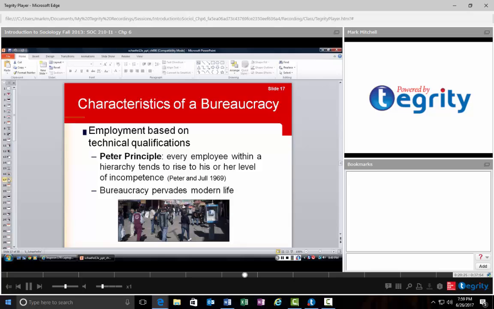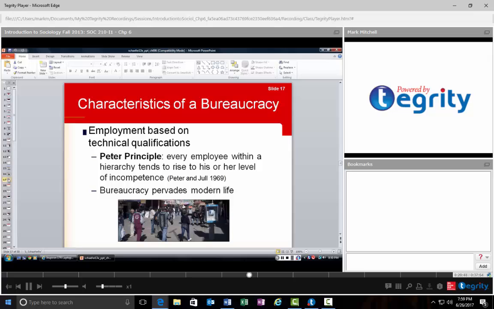All right, here we have employment based on technical qualifications, and so you're promoted up to your ability to accomplish a goal or task. And we have a very interesting additional topic here, the Peter Principle, which says people are basically promoted to the level at which they can't be promoted anymore.